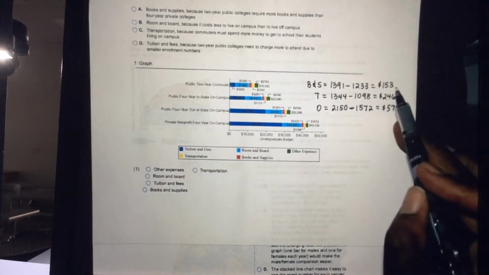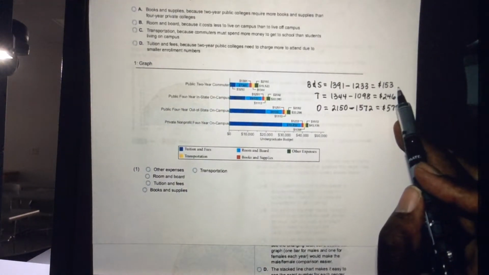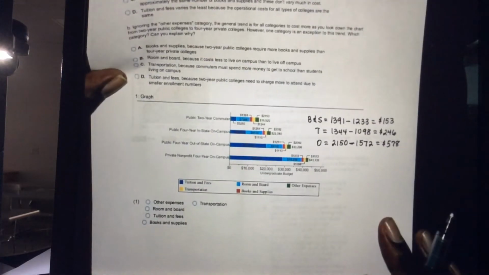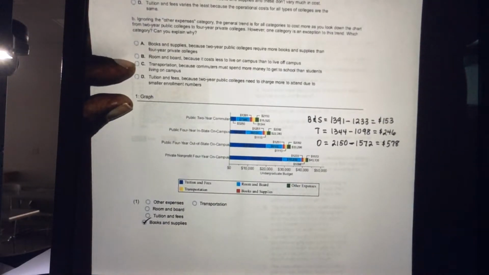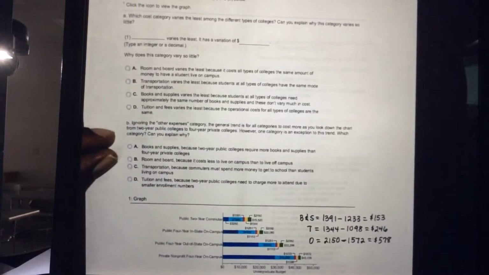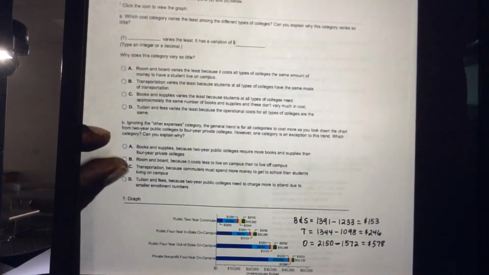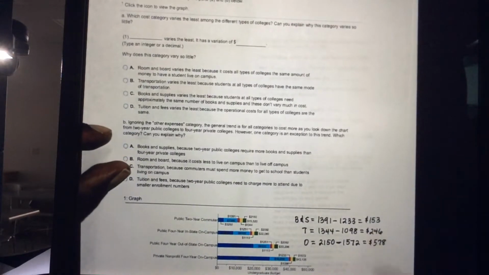So which one varies the least? It's this one. That has the smallest difference here. So here, books and supplies, which I can check off right here. Again, you'll have a drop-down menu to select which one is which. So here, books and supplies varies the least and has a variation of $153.